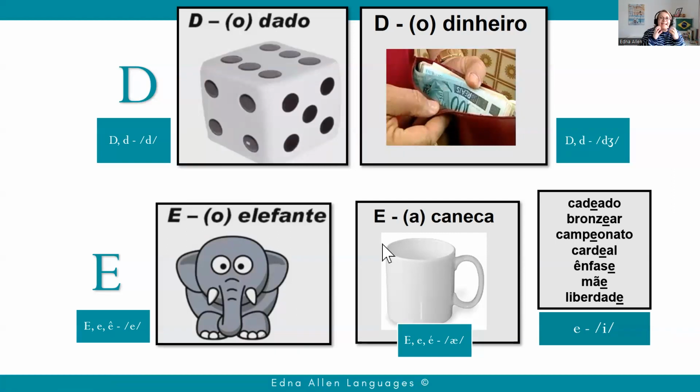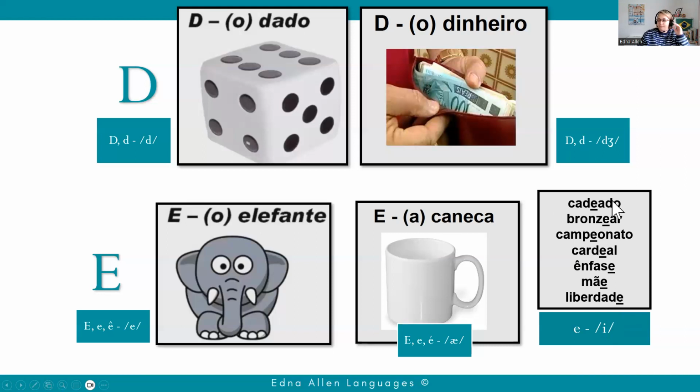It could be a caneca, a caneca. It could also be an I sound, like when you have two vowels in the middle, or at the end of the words. Cadeado, ênfase, liberdade. Okay, so I'm going to pronounce them one more time for you.